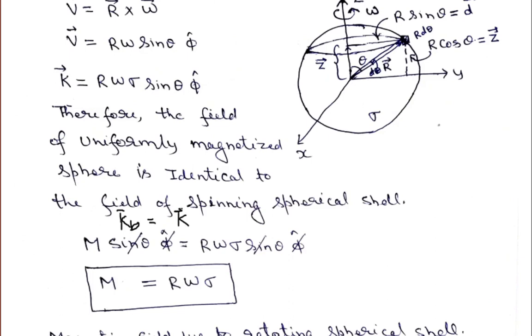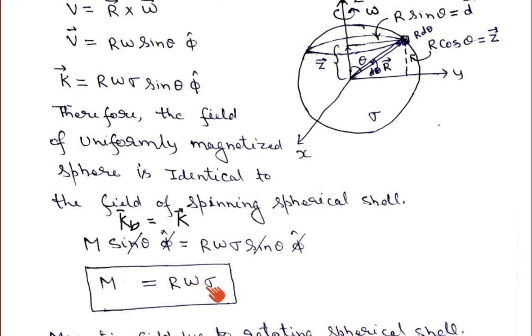This bound current density is because of the magnetization of the material, and this current density is quite equivalent to that of the spinning spherical shell with a uniform surface charge density sigma. So if we equate both equations, M sin theta phi unit vector and r omega sigma sin theta phi unit vector, the sin theta and phi unit vector cancel out, so we get the magnetization of the magnetized sphere, which is equal to r omega into sigma.